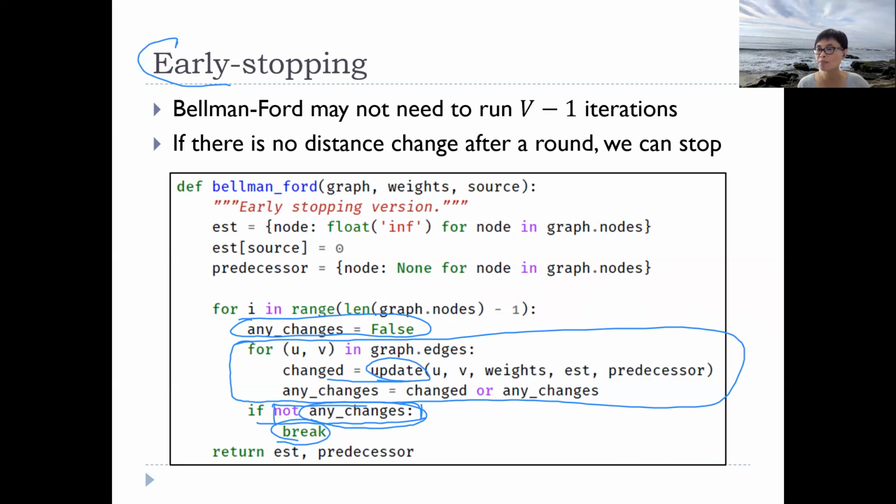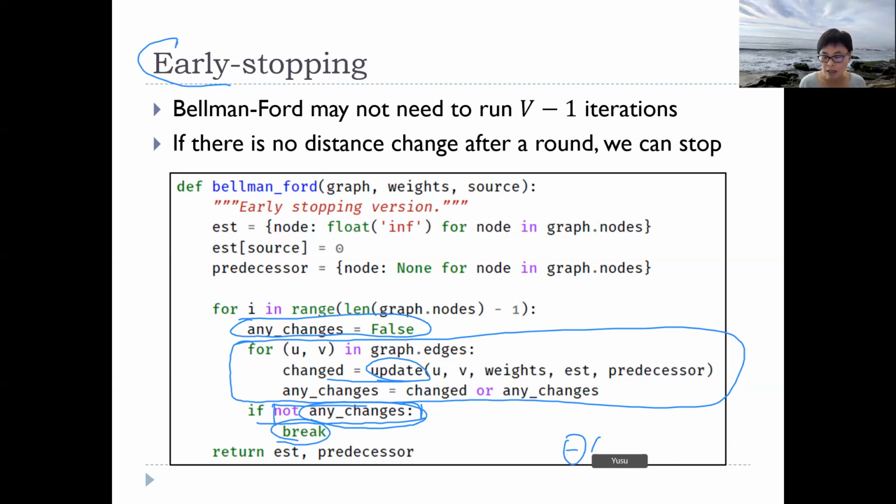In practice, if your longest shortest path is not very long, then this early stopping trick will help make the algorithm run faster, namely stop earlier. Of course, the asymptotic running time, unfortunately, is still the same as before.